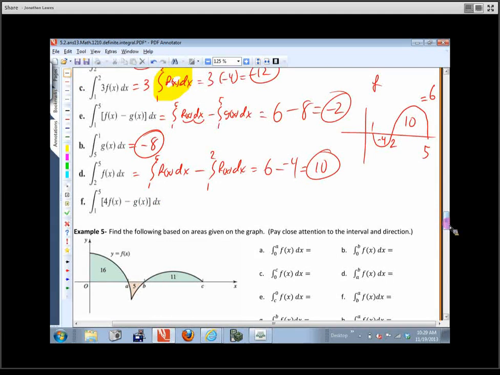Sure? Okay. Then go ahead and take this part and break it up. This part shouldn't be too bad. It's going to look like this.